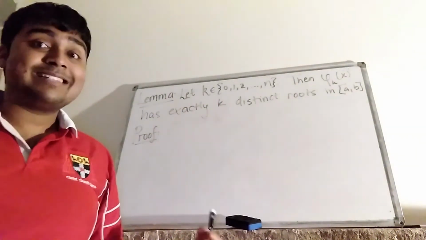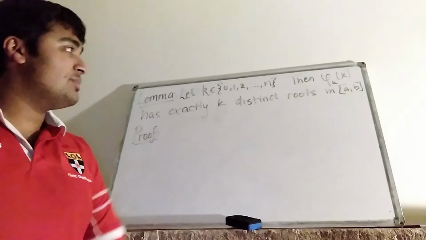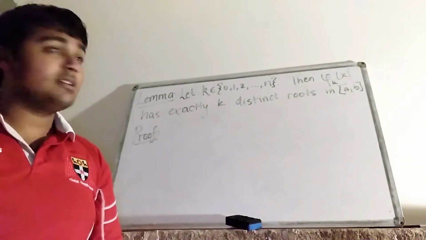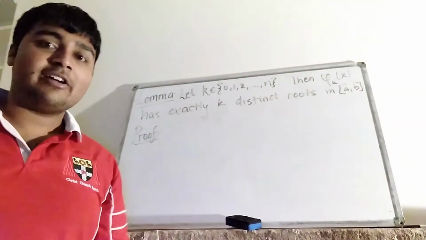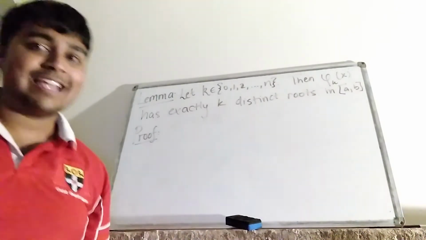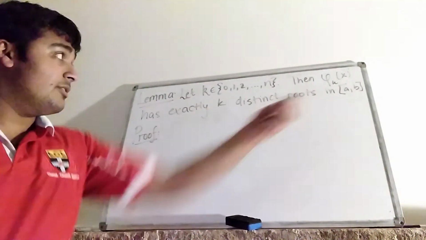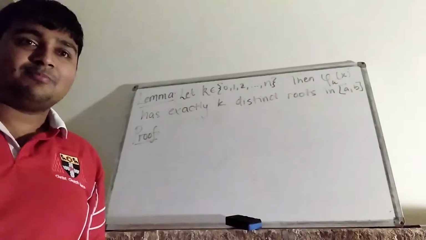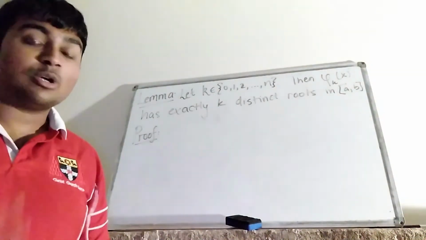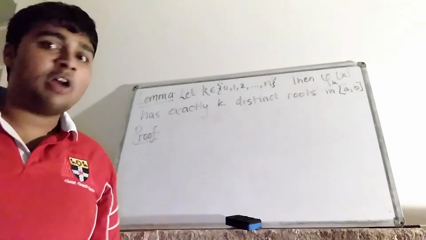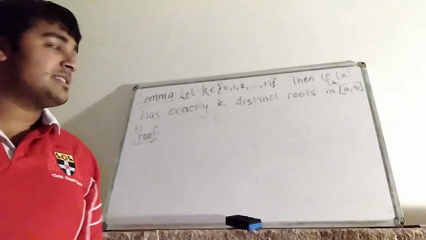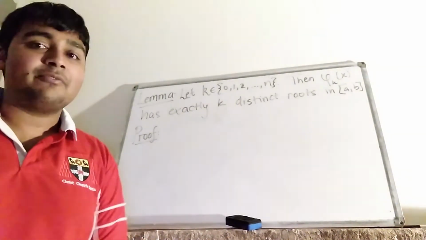Let's first look at the case k equals 0. Well, when k equals 0, then phi k is just a constant function, because remember phi k has degree k, so in the case k equals 0, phi k is phi naught, which is a polynomial of degree 0, which means it's just a constant. But because it's a basis vector, it can't be the 0 constant, so it's just some non-zero constant function.